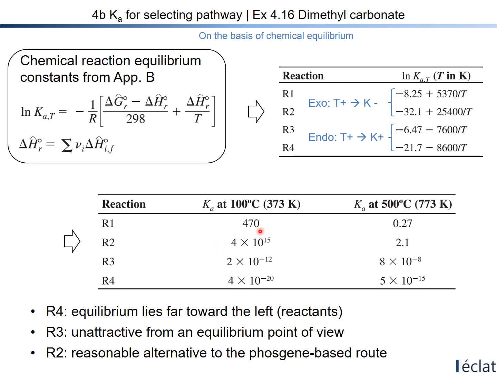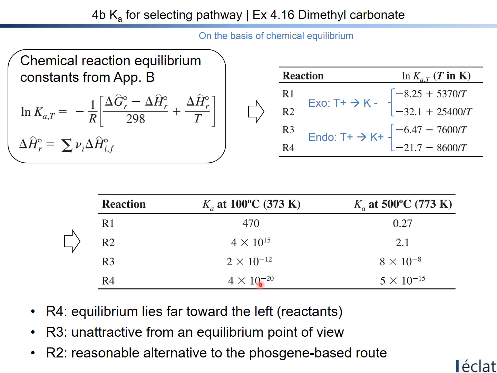R1 is great. The phosgene based chemical reaction is great in terms of equilibrium constant. However, we don't like the toxic reactant involved in the R1. How about R2? Very high, higher than R1, at 100 Celsius degree and also at 500 Celsius degree.